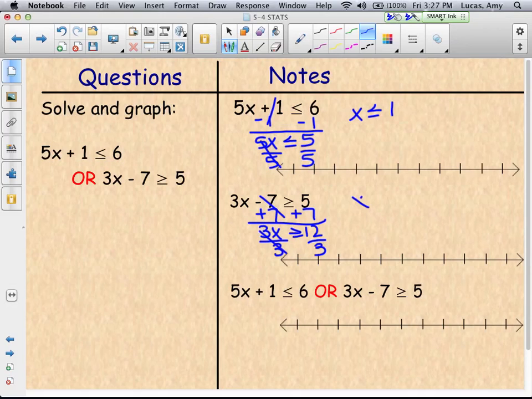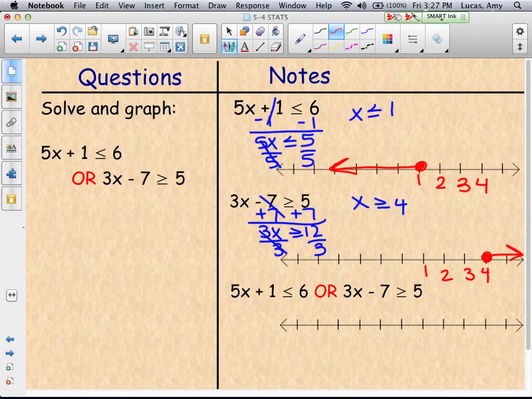So all that we're doing is changing the connecting word. Okay, so less than or equal to 1. It's closed to the left. Greater than or equal to 4 is closed going to the right.